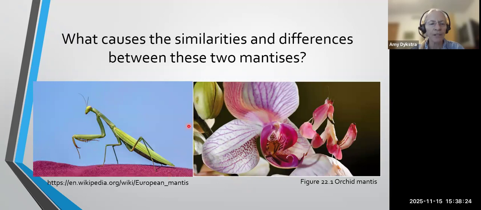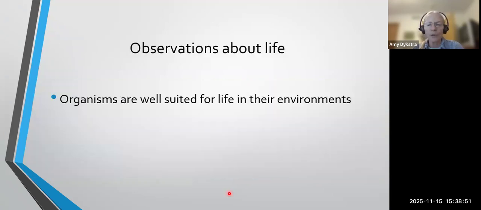The one on the left, the green one, probably lives in vegetation that is green and it hides itself in the vegetation. And then when it finds another insect, it can eat that insect. So it's camouflaged in the environment that it lives in. And similarly, this orchid mantis is camouflaged for its environment. So organisms are well suited for life in their environments.